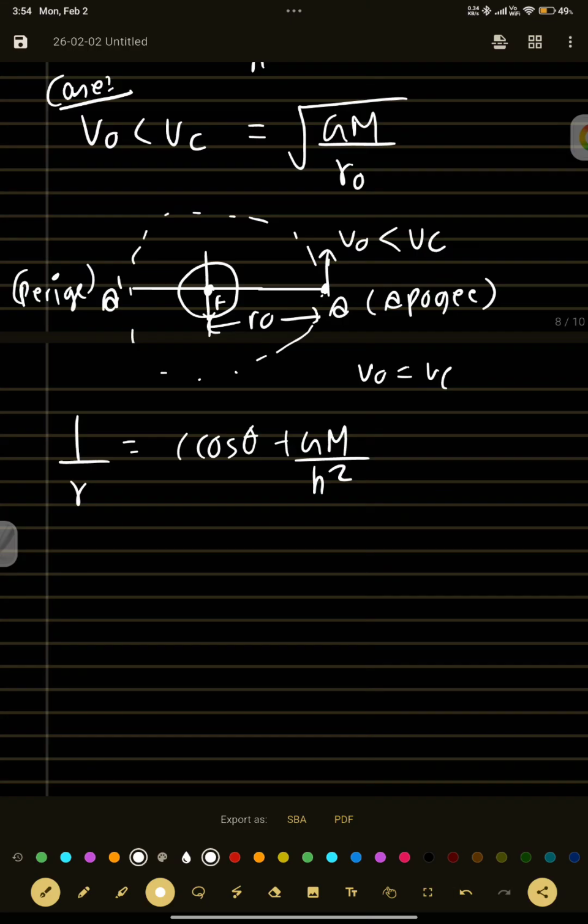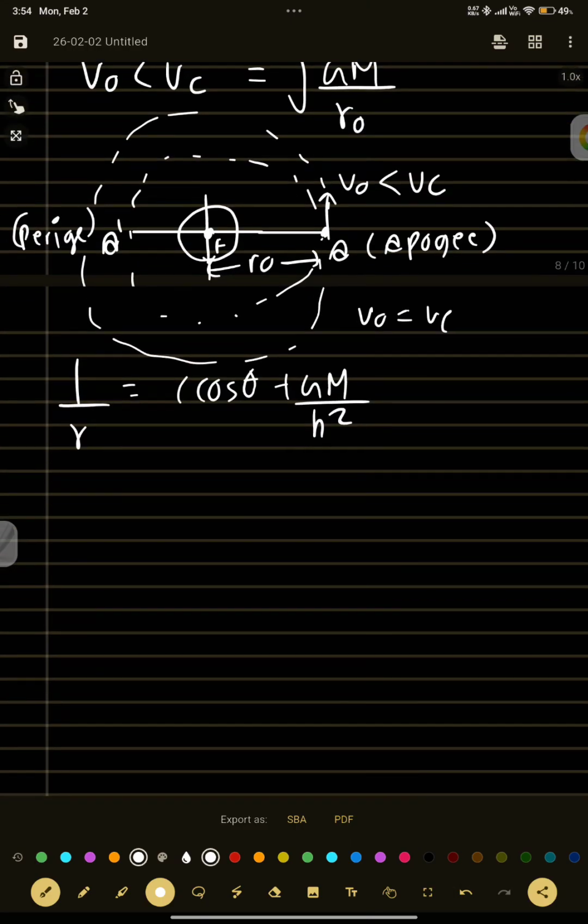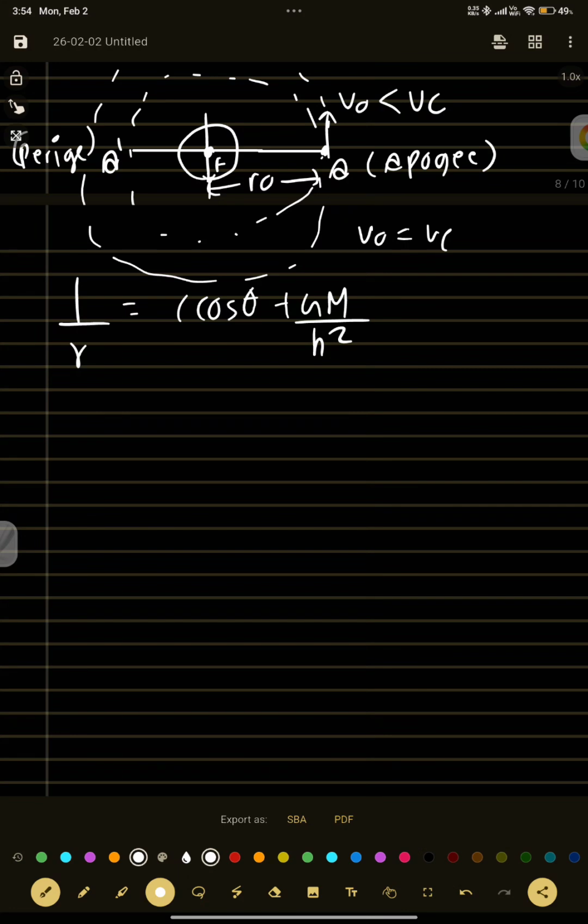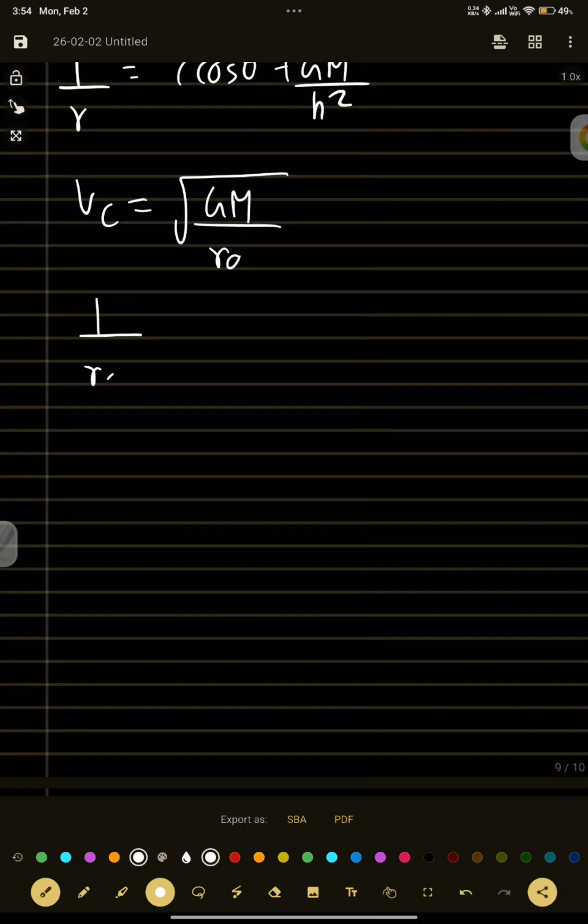So V circular is root of GM by R naught. And if you use the circular orbit, theta equal to 0, if this is Vc, what will it be? 1 by R naught, C is 0, GM by R naught square Vc.